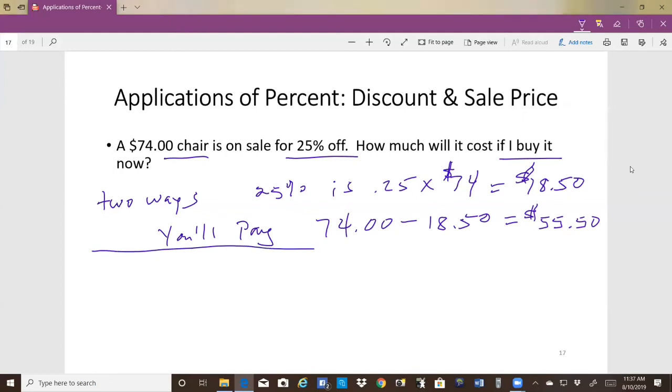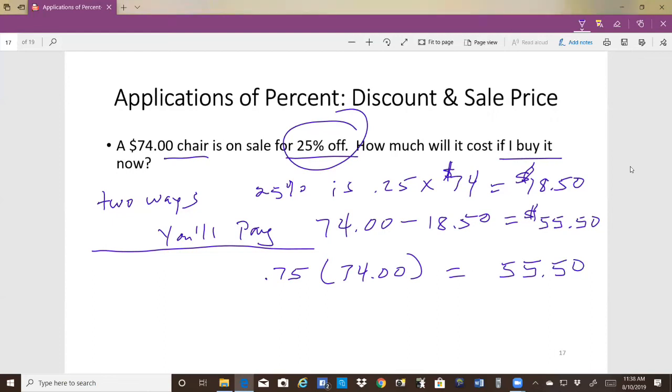Now, if you're having 25% off, you're going to pay 75% of the list price. So probably the fastest way is to take 75% of the list price, which is $74, and you will get exactly the same thing, except you won't have to do subtraction.